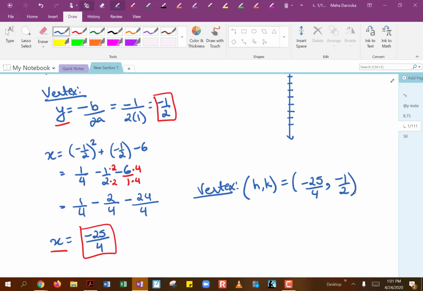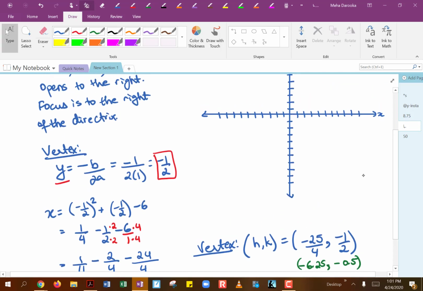Let's see the decimal approximations so we can graph these. Negative 25 over 4 is actually going to be negative 6.25, and negative 1/2 of course is going to be negative 0.5.